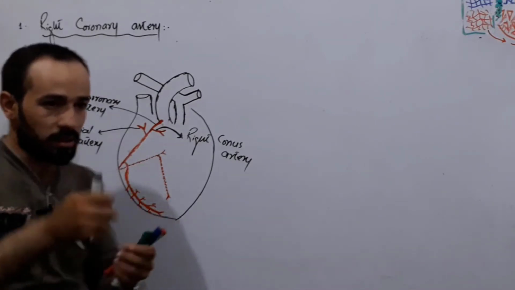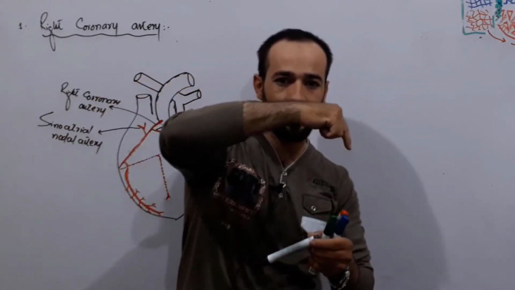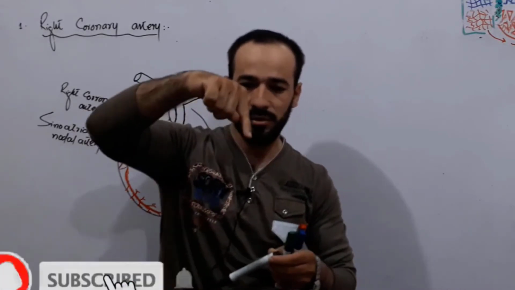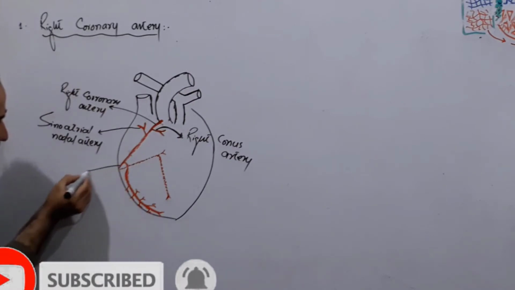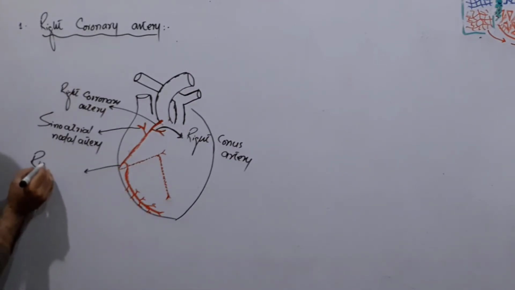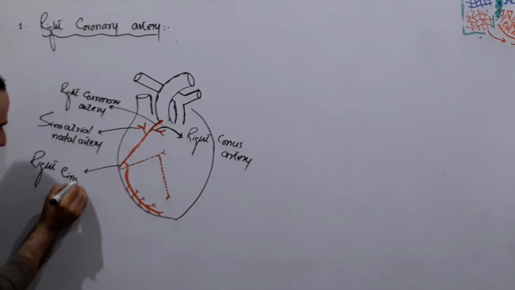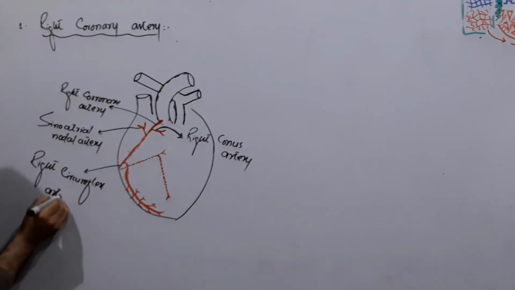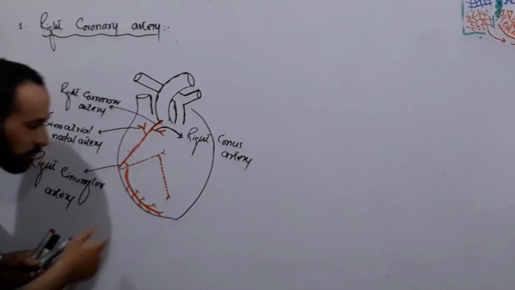From the anterior side, it comes like this and turns back. It makes a turn, so we call it the circumflex artery. So this one is our right circumflex artery. Clear?